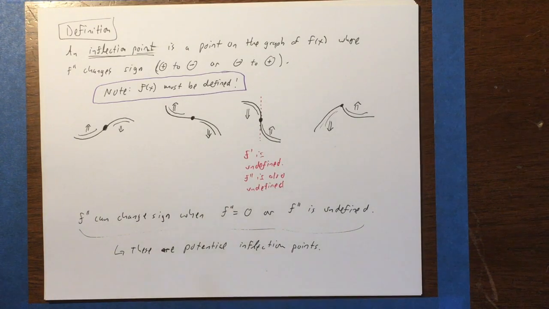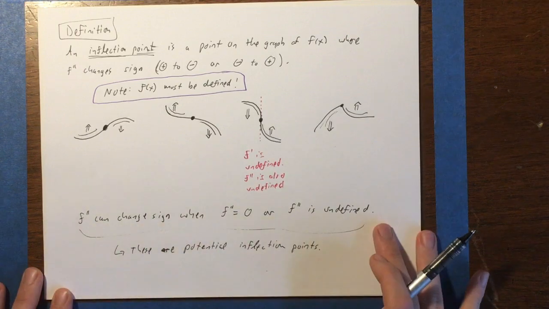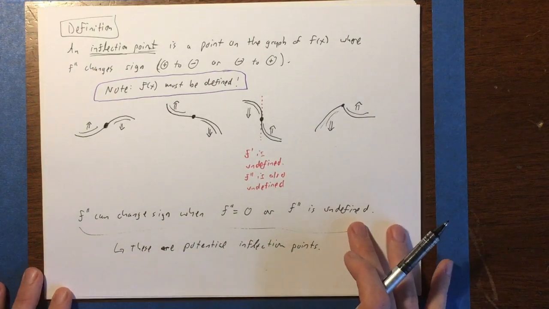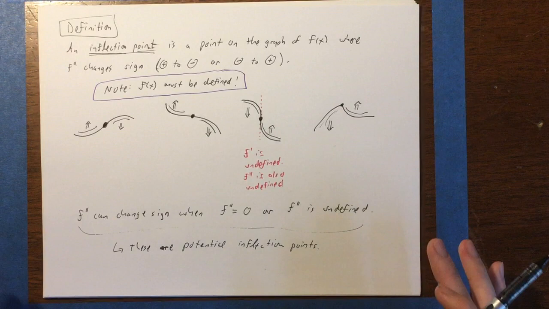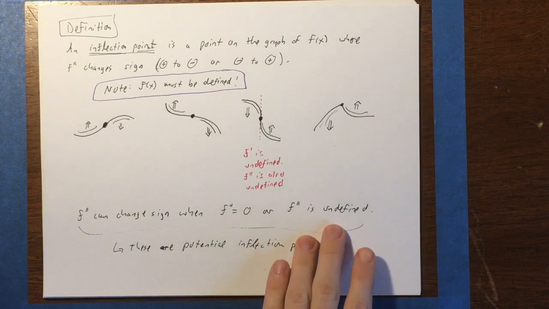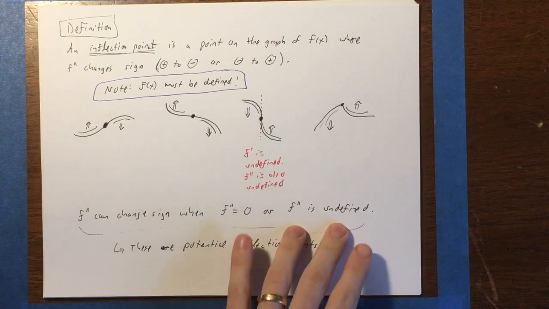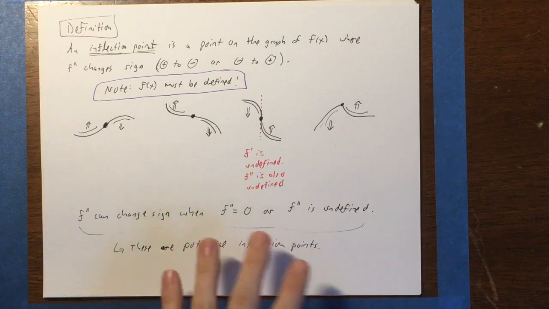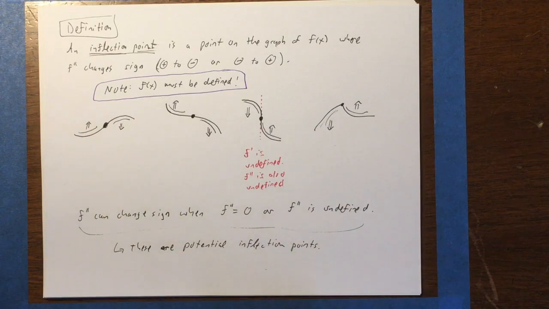Now, for the first derivative, when we found all these numbers where it was 0 or undefined, we called those critical numbers. And unfortunately, there's no official vocab term for the zeros and points where the second derivative is undefined. These don't have a name. We don't call these critical numbers or anything like that.